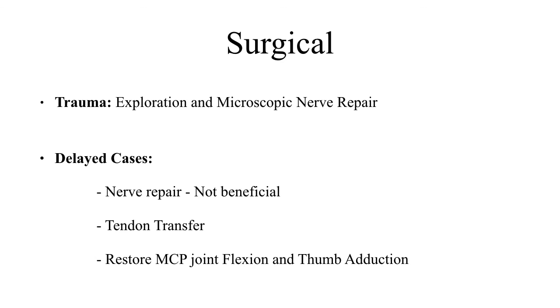So in these cases, instead of repairing the nerve, you have to do tendon transfers, that is, you have to transfer some other working muscle into the ulnar nerve innervated muscles to perform its action. So you have to do tendon transfers mainly to restore metacarpophalangeal joint flexion, to restore the grip, and thumb adduction to restore the key pinch.